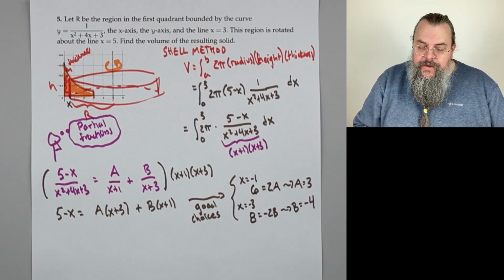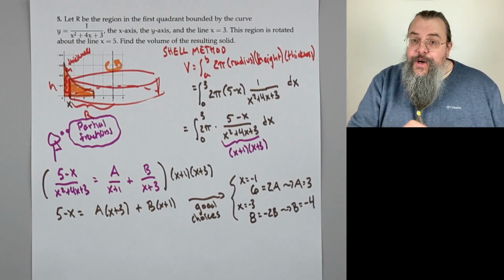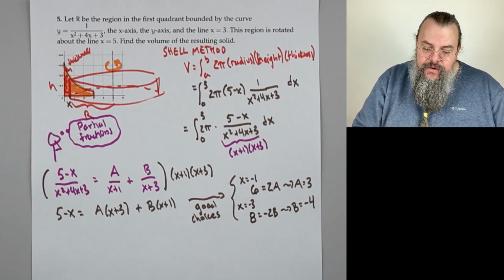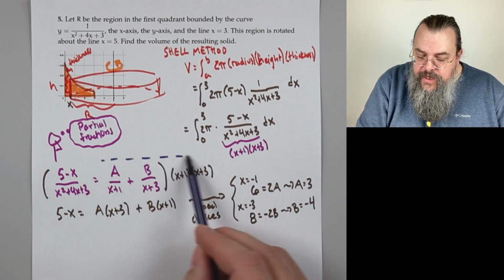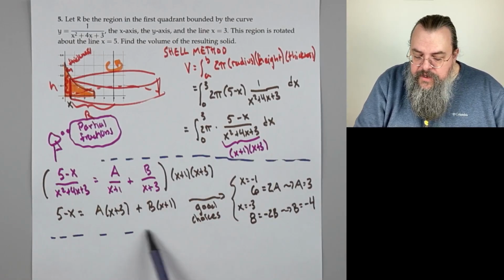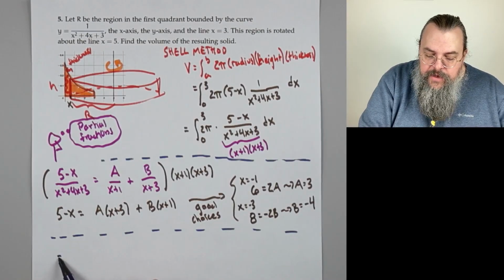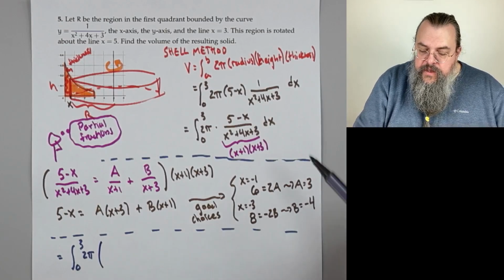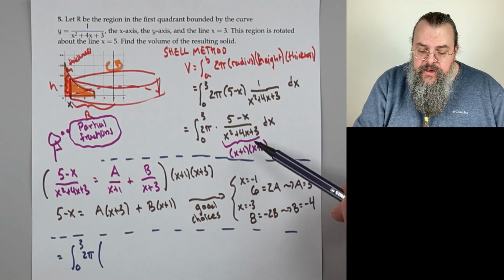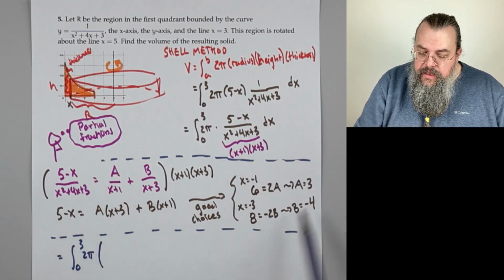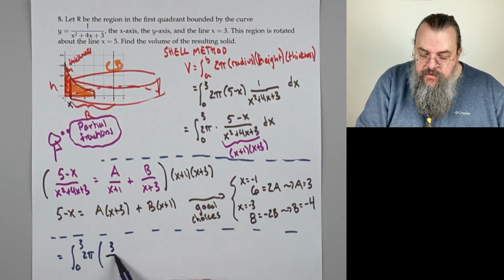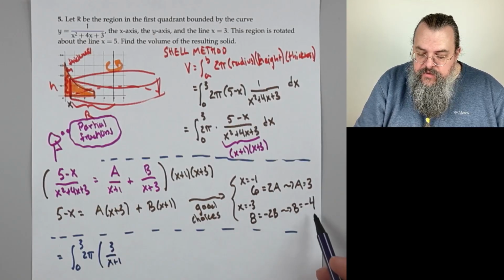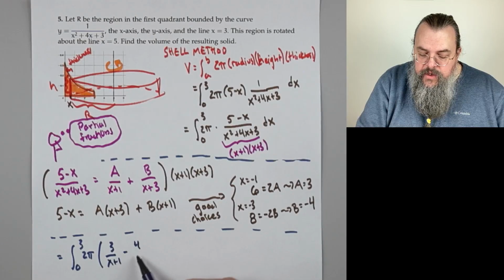So now back to our problem. This is sort of scratch work to help us figure out that, lo and behold, our problem is the integral 0 to 3. We have our 2 pi, and then this 5 minus x over x squared plus 4x plus 3 is a, which is 3 over x plus 1, plus b, which is minus 4 over x plus 3.